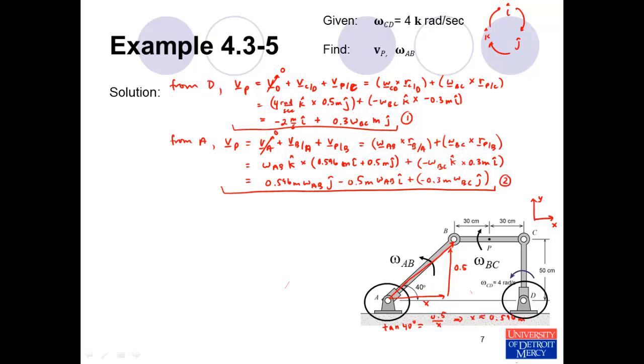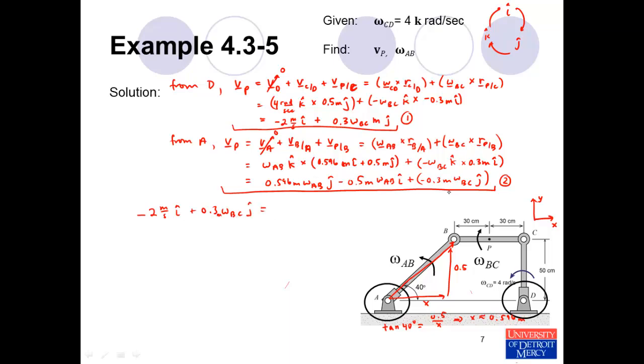We then set them equal to one another. So on the one side, we have negative 2 meters per second in the i, plus 0.3 omega BC in the j.